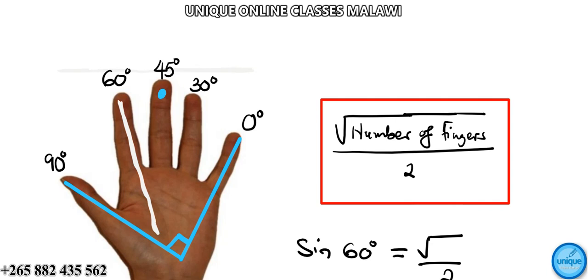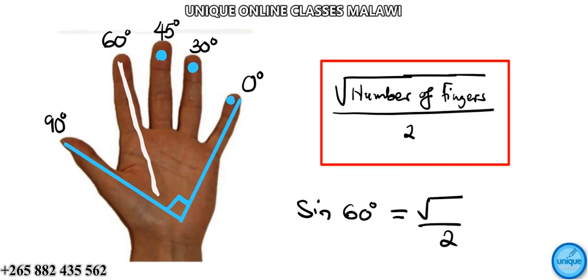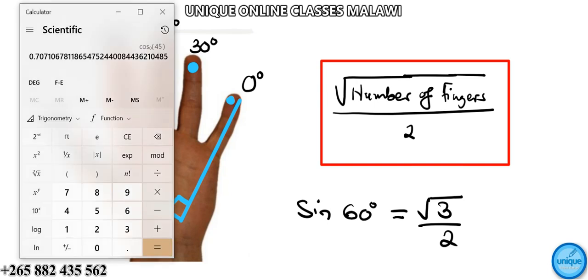We have 1, 2 and 3 there. So without using a calculator, sine of 60, inside our root we put 3. So without using a calculator, sine of 60 is root 3 over 2. You see? And if you calculate root 3 divided by 2, I write 3 then root, divide by 2, the answer comes out 0.8660.